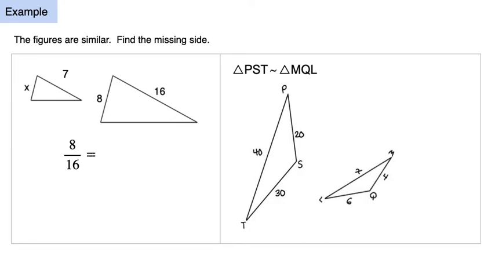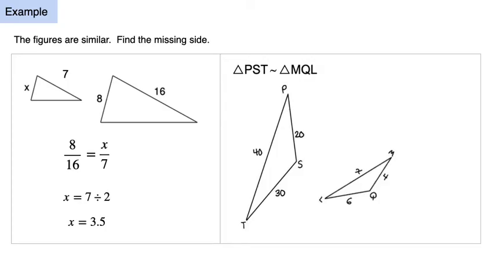That ratio is equivalent to x/7. So to solve for x, it's just a matter of dividing 7 by 2. X would equal 3.5. That's one way I could solve that missing side length.